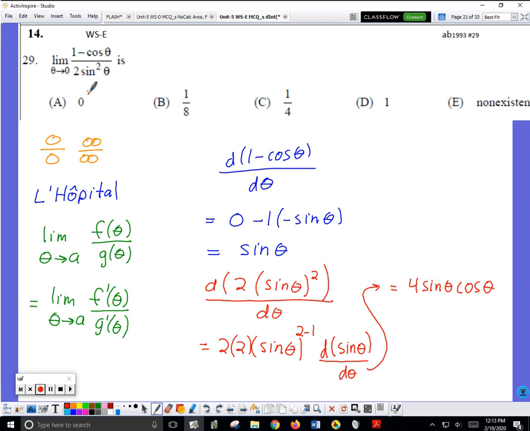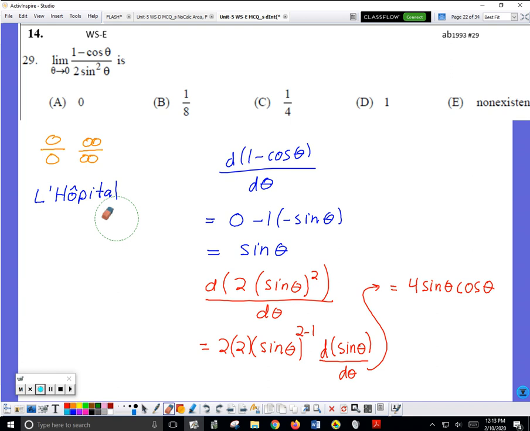Okay, look. We have the derivative of the numerator, we have the derivative of the denominator. L'Hopital's rule says we need to create a new limit problem. So I'm going to copy this over, and this part will erase. This is what Harrison was saying.